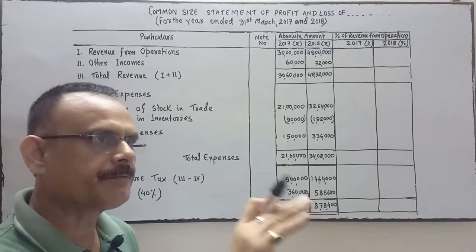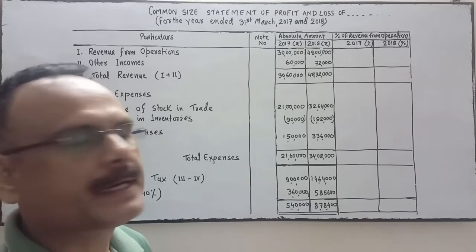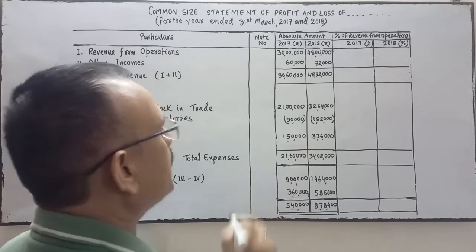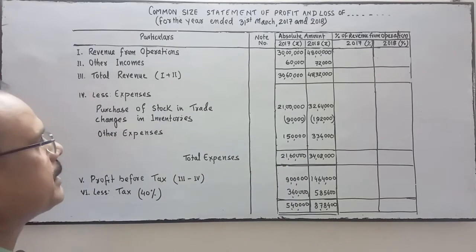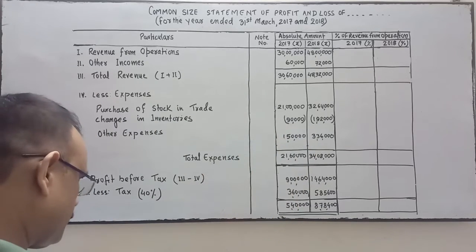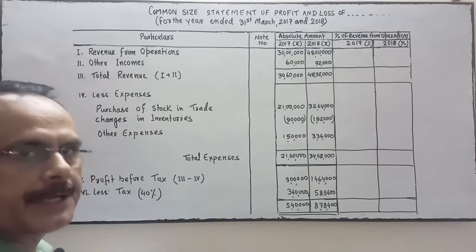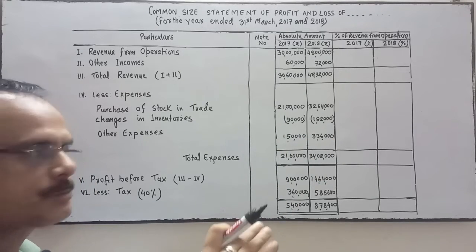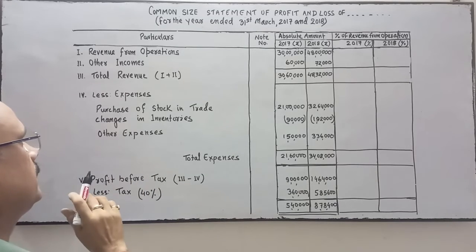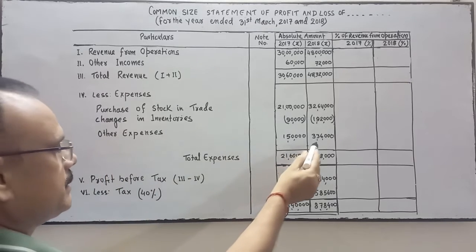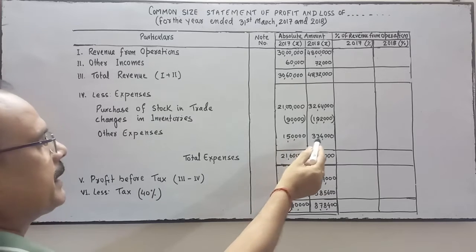Otherwise, if the closing inventory is more than opening inventory, then this will reflect in minus. So it is 90,000 in 2017 and in 2018 it is 1,92,000. Both figures are in negative, meaning closing inventory is more than opening inventory. Other expenses is 1,50,000 and 3,36,000.